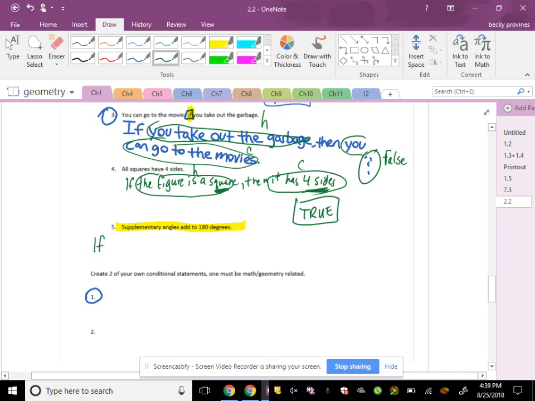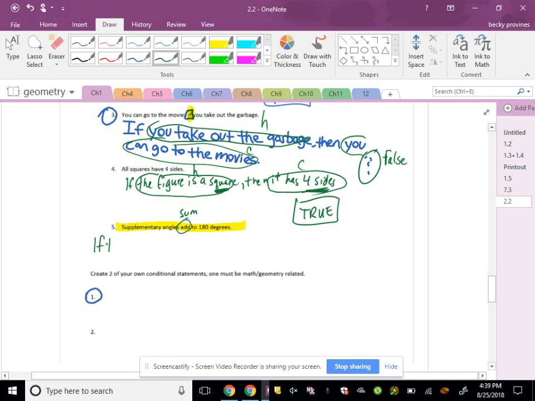If the angles are supplementary, then now we can use other words that mean add, like the word sum. Then they have a sum of 180. So you can change it up a little. It has to have the same meaning when you're finished.